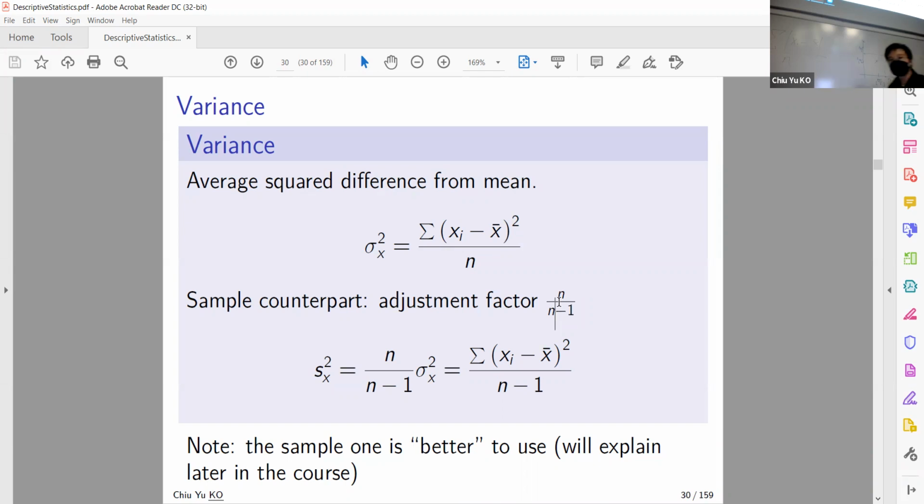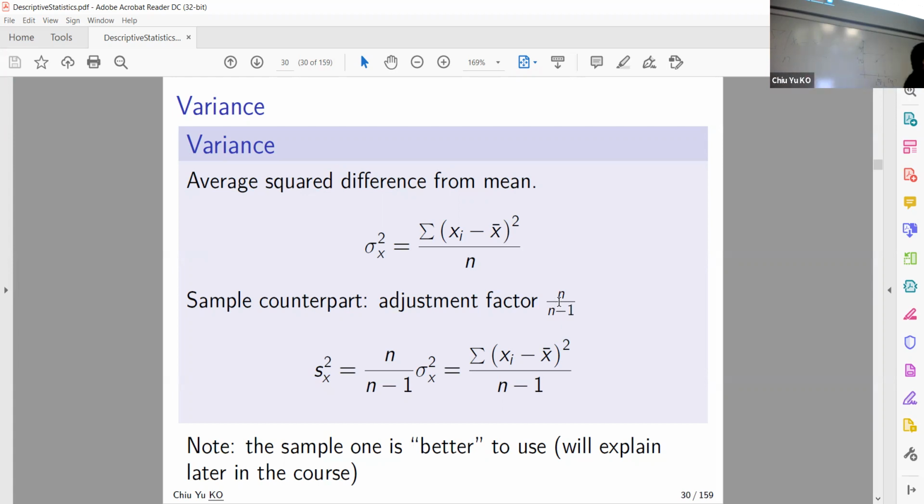The larger the sample, the smaller this adjustment factor gets. This n over n minus 1 is decreasing in n. Suppose n is very large, then this is close to 1. When n is very small, this number will be large.